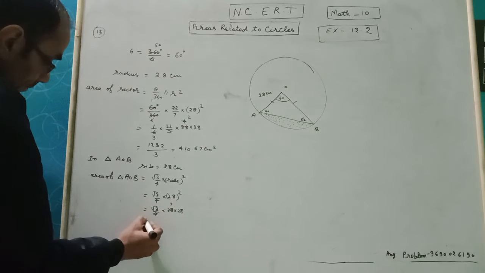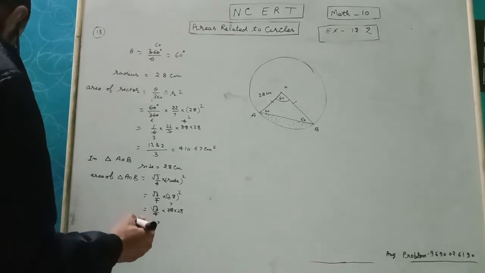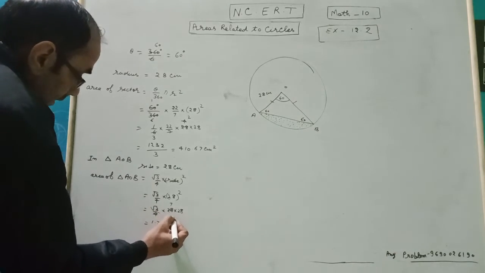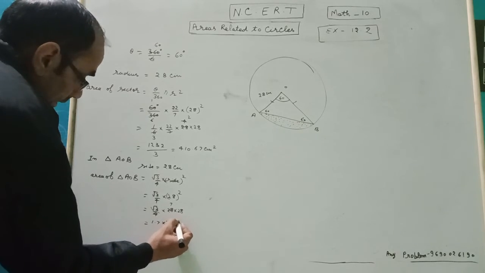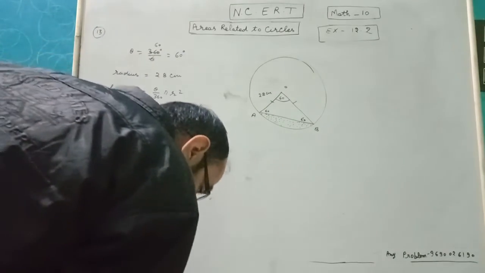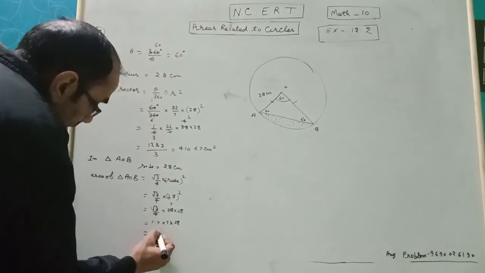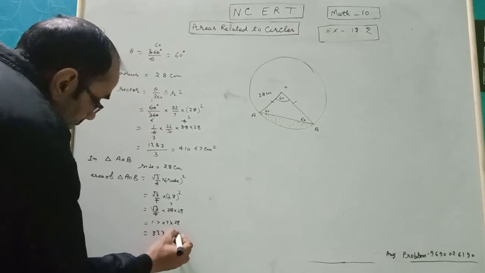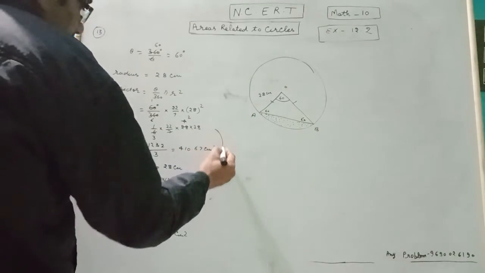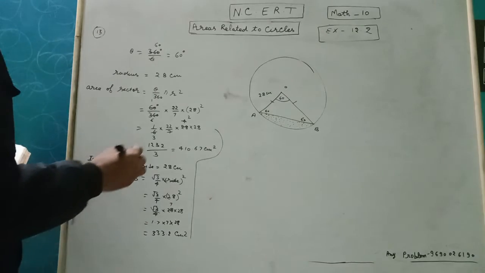7... root 3 value is 1.7 into 7 into 28. After multiplying, 333.2 cm square is the area of the triangle.